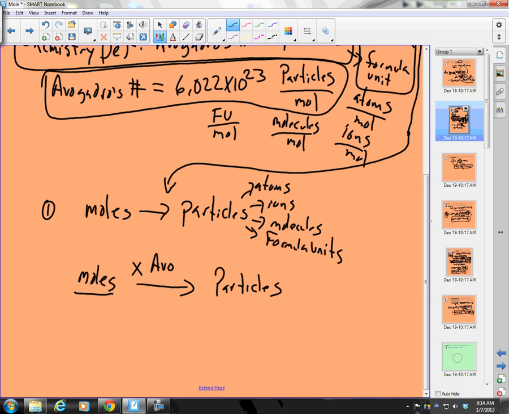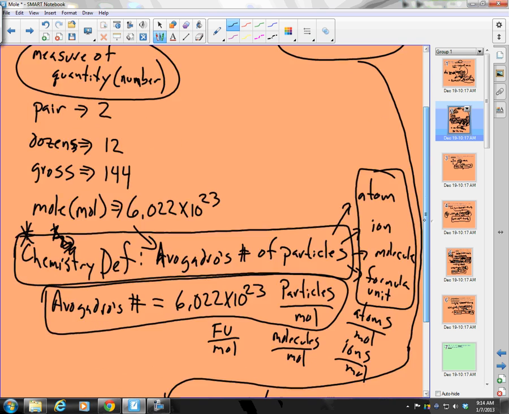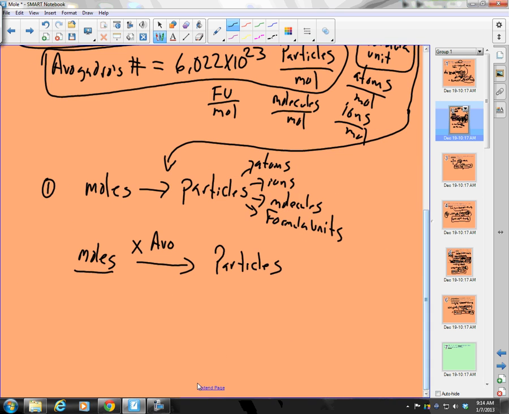Now, let us take a look at this one. Consider 9.78 times 10 to the 25th ions of fluoride. How many moles? So I'm going from ions to moles. Well, that's another calculation. Ions are a particle.